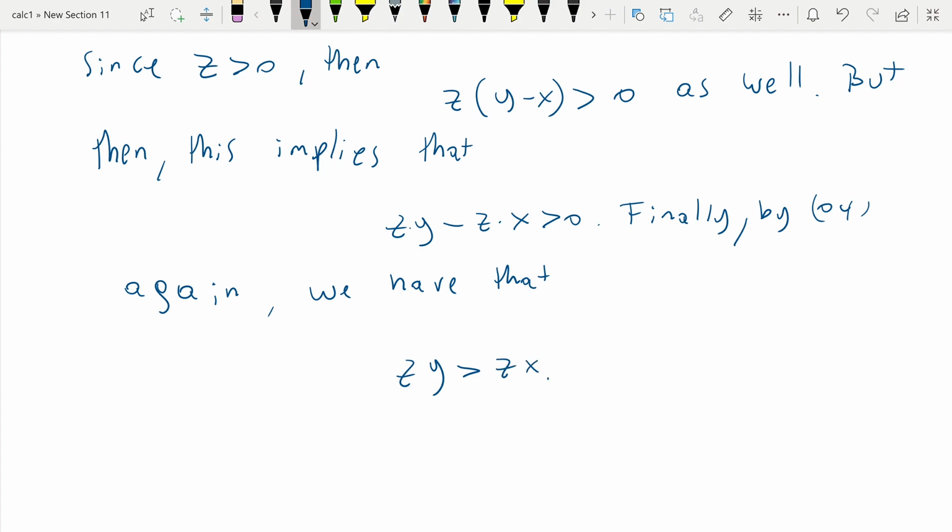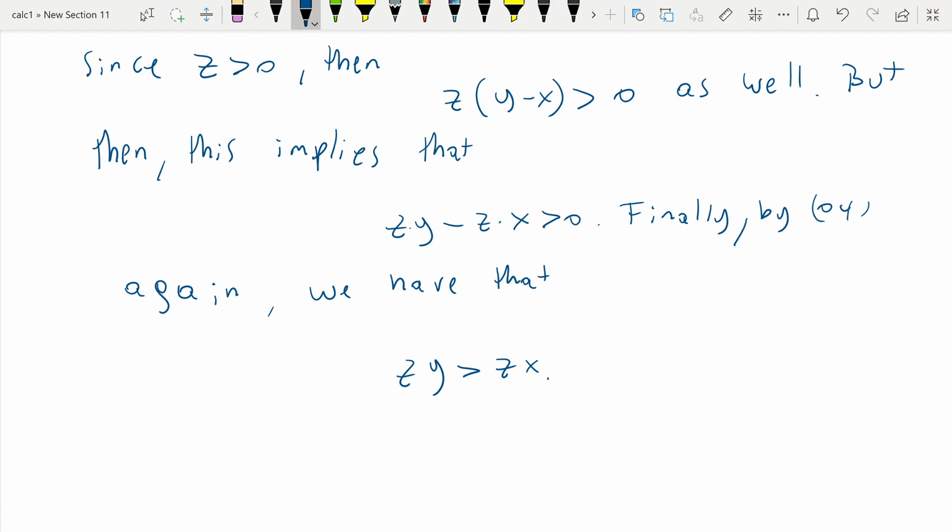So I'm just being very pedantic here, just to show you that many things that we make use of every day and take for granted can be deduced from these properties. So now we know that what we did before is actually justified, because the rational numbers, the set Q, is an ordered field. So that's all we need.